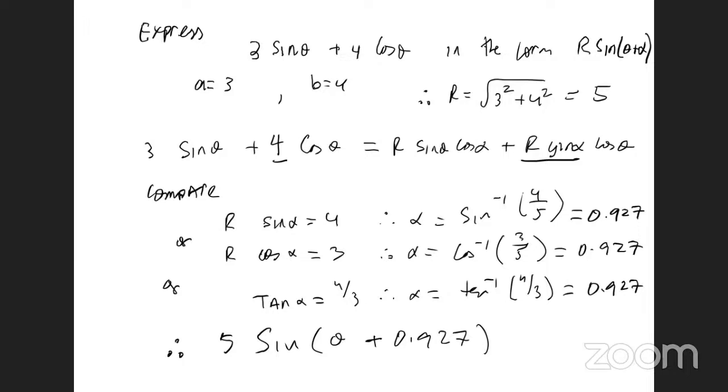Ready? I would like you to find the general solution of 2 sine theta plus 5 cos theta is equal to, I'll use what they have here, square root of 29 over 2.